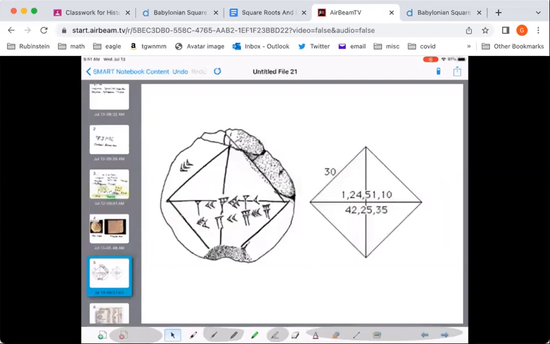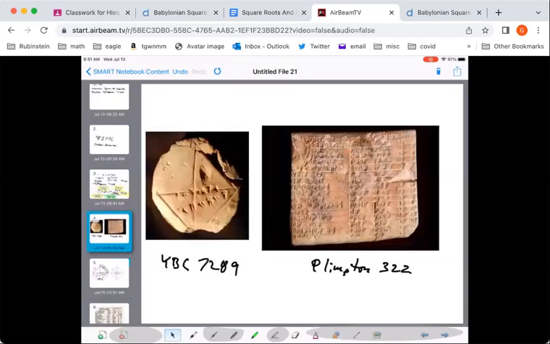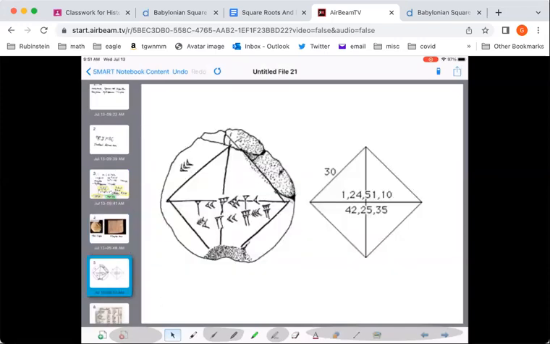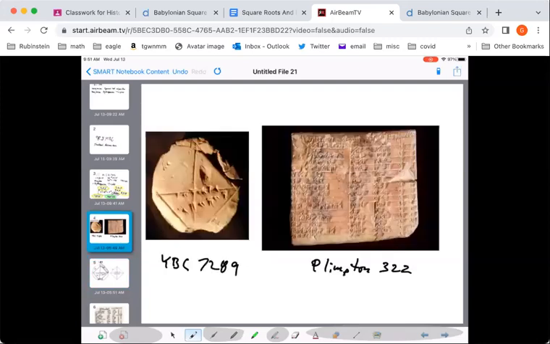So here we have the YBC 7289. Y stands for Yale. Yale Babylonian Collection, piece 7289. About 15 years ago, both of these artifacts, YBC 7289 and Plimpton 322, were on display in New York City.